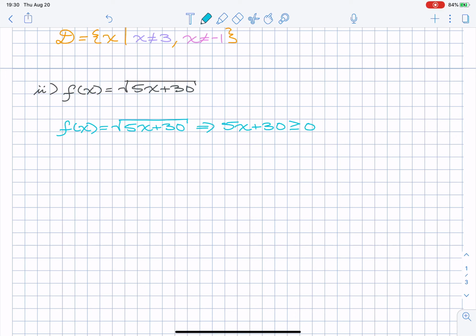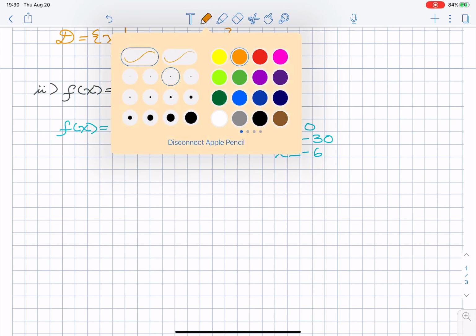So now I can subtract 30 from both sides. I'll get that 5x is greater than or equal to negative 30. Then I can divide by 5, which means x is greater than or equal to negative 6.